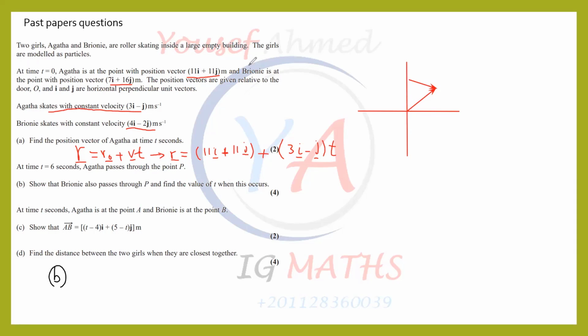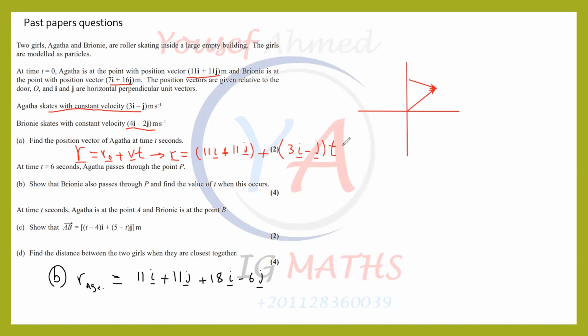So you replace the value of t, 6 seconds, in the position vector for Agatha. So you can write the position vector for Agatha, replacing t with 6: 11i plus 11j plus 6 multiplied by (3i minus j), which is 18i minus 6j.